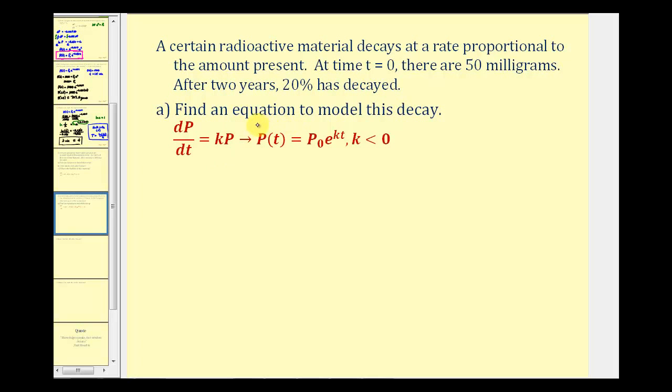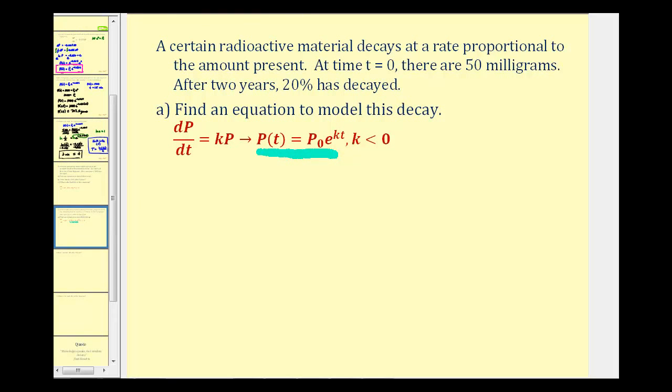To find the equation to model this decay, we're going to use this exponential function to determine the value of k. So let's take a look at the given information first. We know at time t equals 0 there are 50 milligrams of material, so that means P(0) equals 50. After 2 years, 20% has decayed.